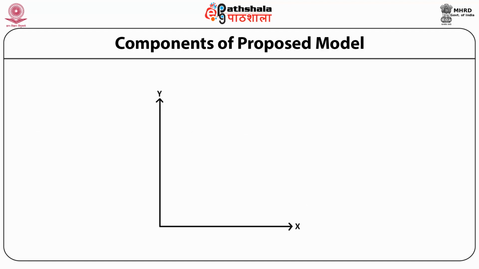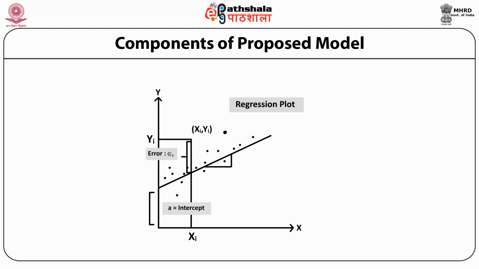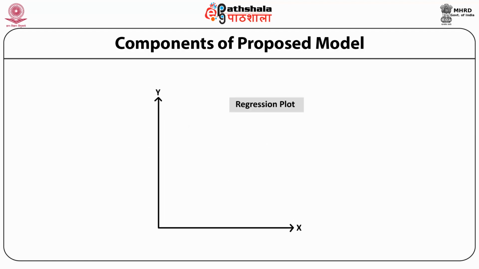In this graph we can see the estimation line and error of estimation and estimated value of y, that is equal to a plus bx, and these are the different points which are scattered around the estimation.